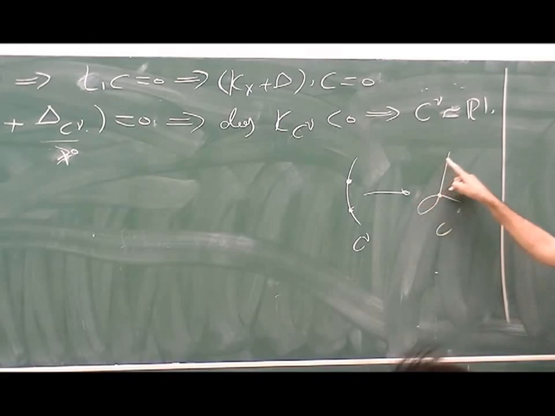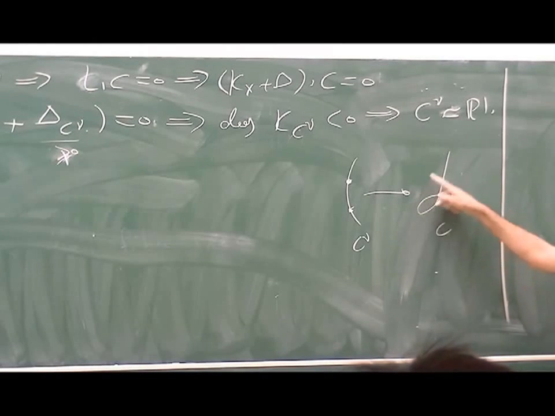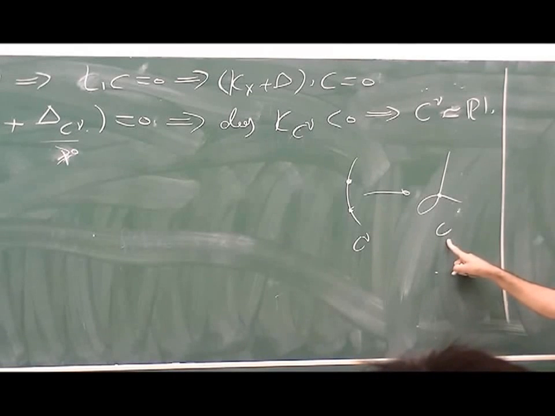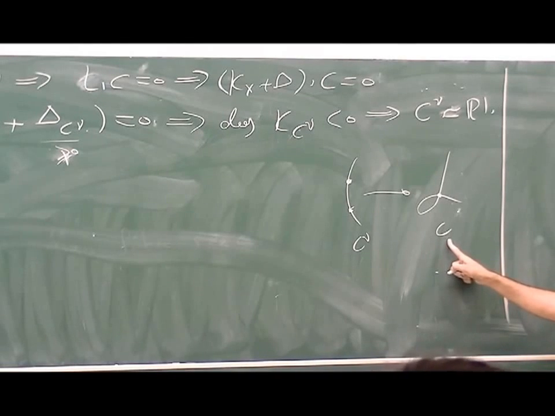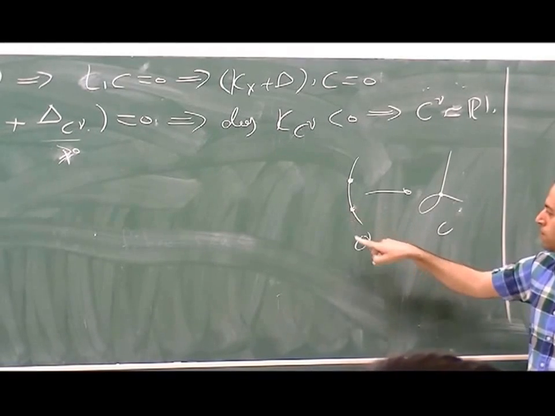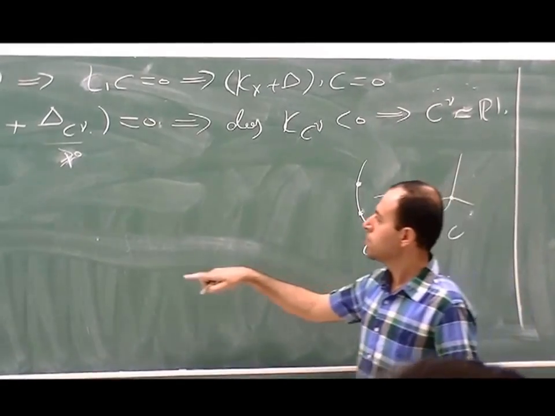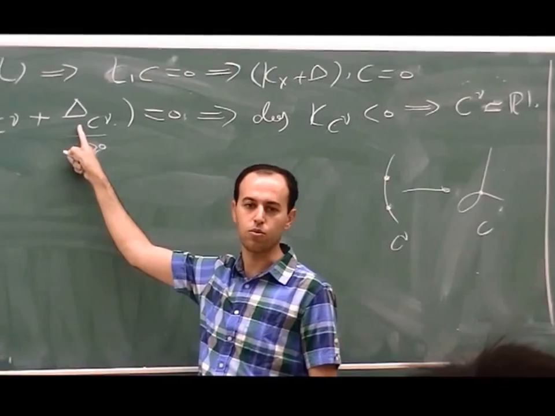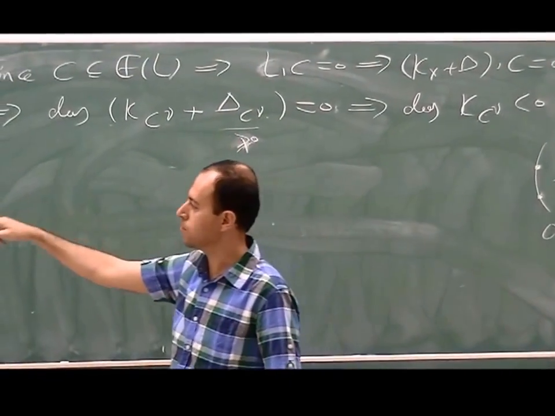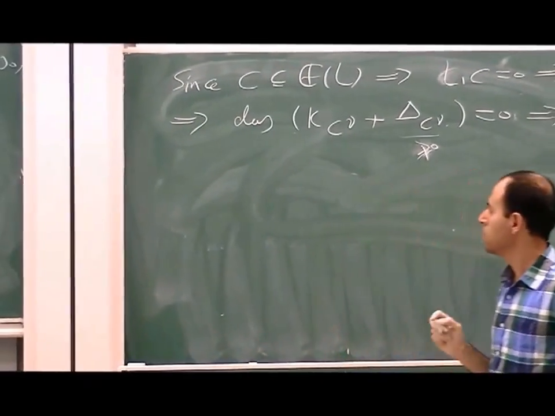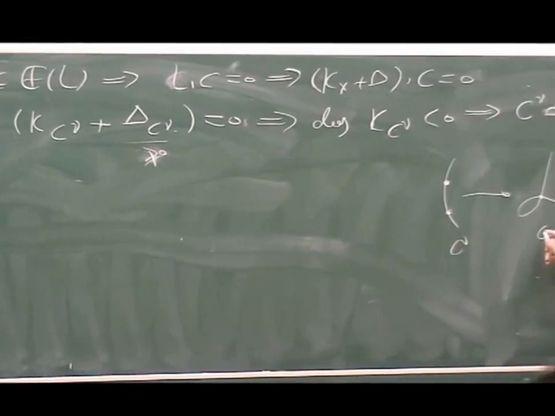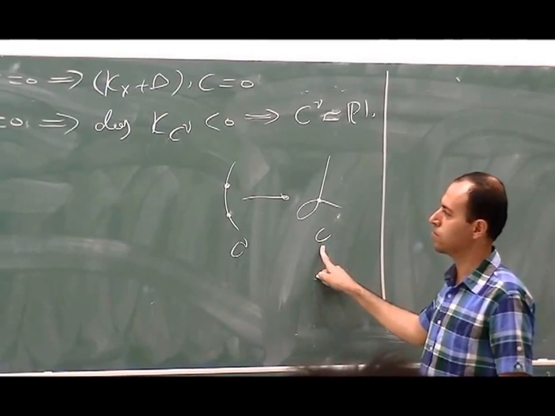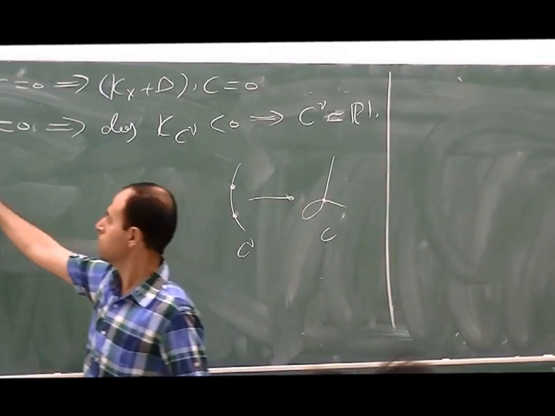And the canonical bundle of such a curve C is already not negative. It could be 0 or it could be positive. So when you go to C nu, you will have, for instance, 2 points. That's already degree 2, and we don't even take into account this ample divisor. So what I'm trying to say is that if the arithmetic genus here is not equal to 0, the degree here should be more than 2.